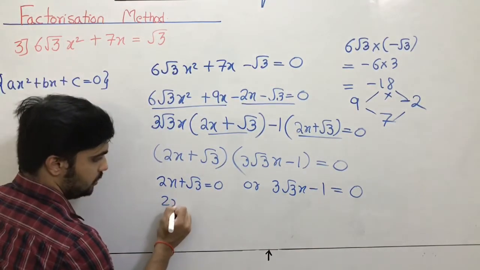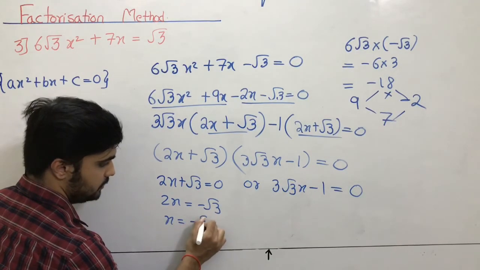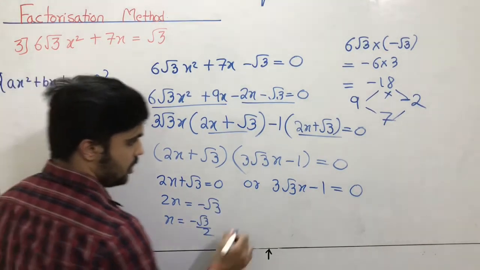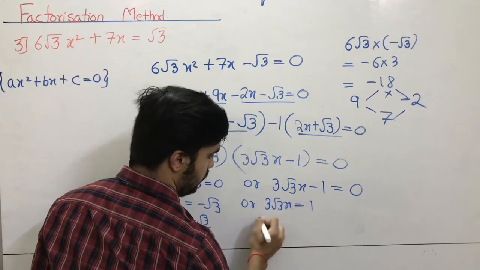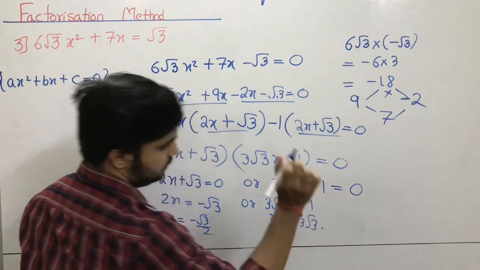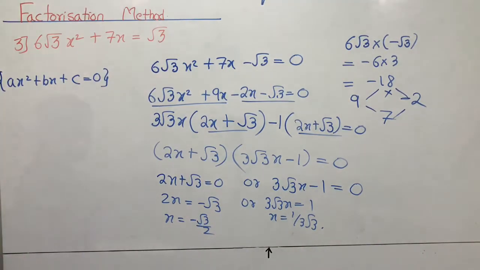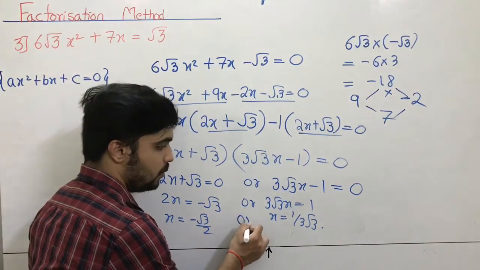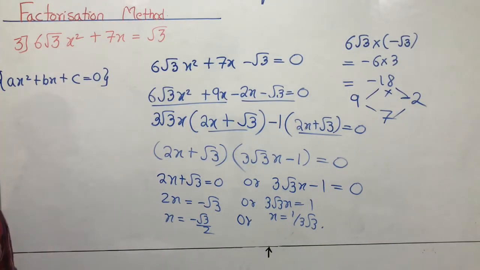That is 2x is equal to minus root 3. That is x is equal to minus root 3 by 2. Or we can say 3 root 3x is equal to 1. That is x is equal to 1 by 3 root 3. So you can say that x is equal to minus root 3 by 2, or x is equal to 1 upon 3 root 3 are roots or solution of given equation.